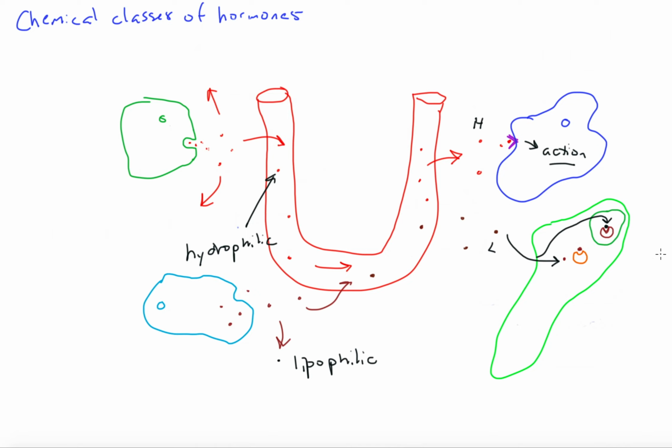The last possibility, and it's somewhat rare, it's a particular circumstance, but the last possibility is receptors found, this is supposed to be a mitochondrion, mito for mitochondrion, and we could have a receptor that's found here, right?